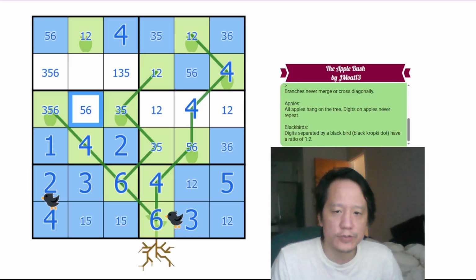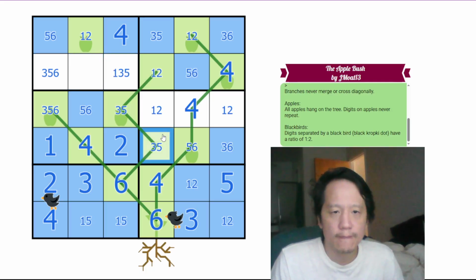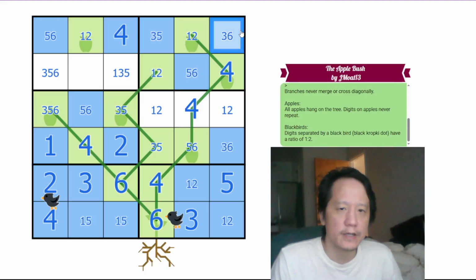This cannot be tree because it would branch twice and there would be too many branches here. Yeah, I think I made a mistake here previously.